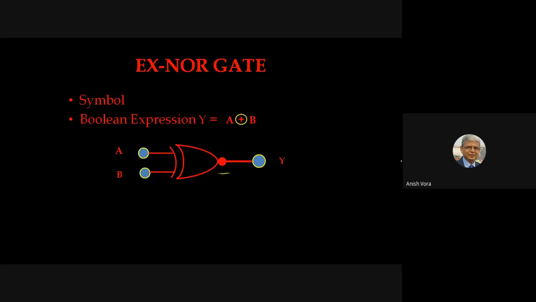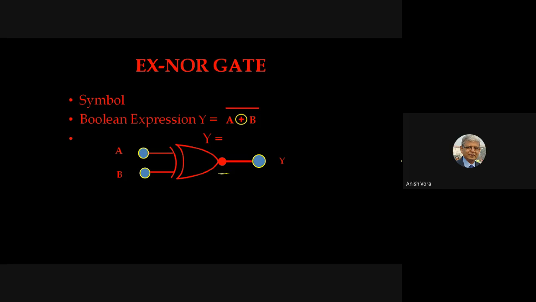So we have y is equal to a plus b. એ આપણો OR operation નો Boolean expression છે. When we encircle our plus sign, then it becomes a Boolean expression for the XOR gate, and now we write a bar. This Boolean expression is for exclusive NOR gate, right?